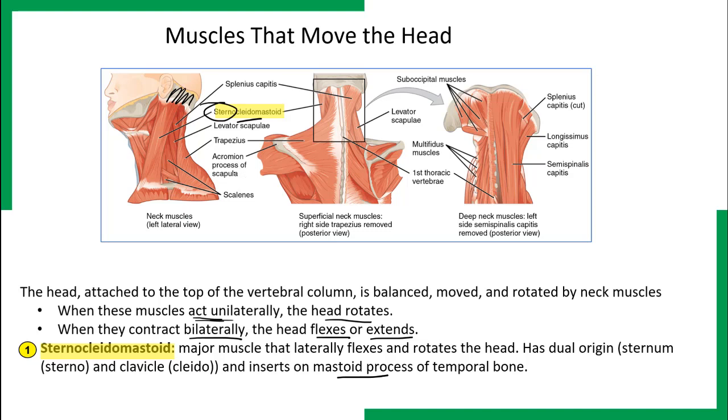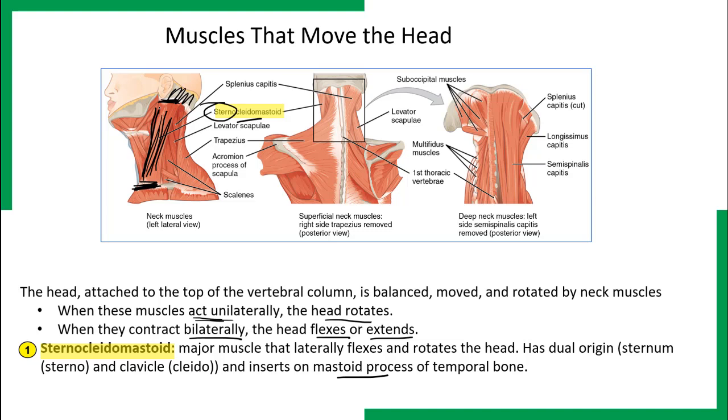So by knowing the name of the muscle, you know exactly where it comes from. So it comes from the area of your sternum, your breastbone, and your collarbone, and goes all the way up to just below your ear, which is where the mastoid process of the temporal bone is located.